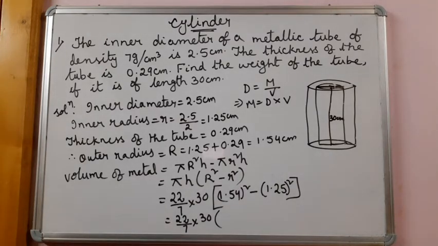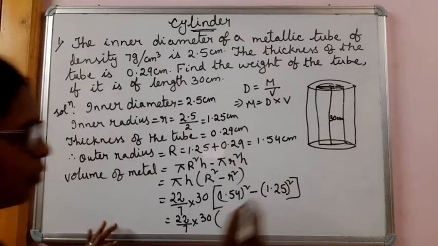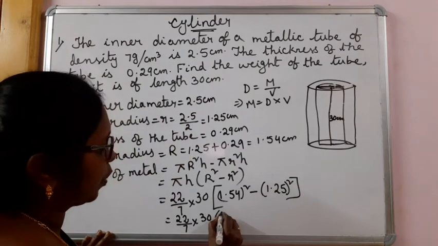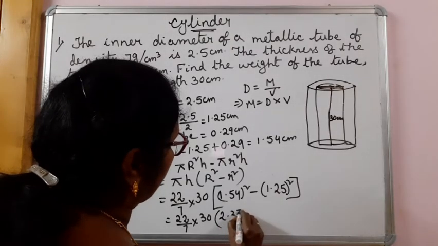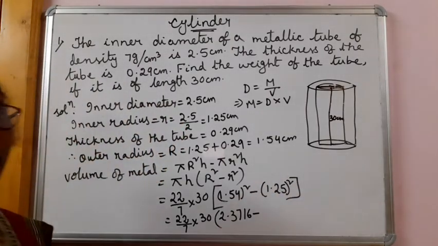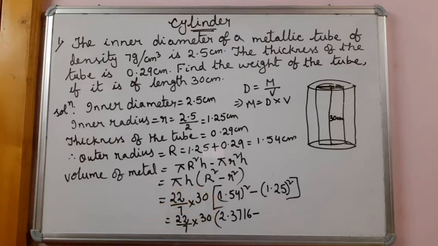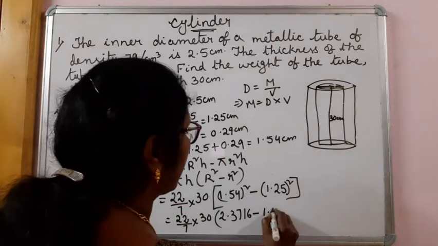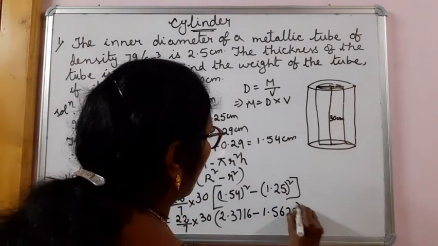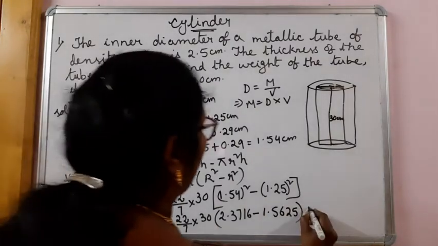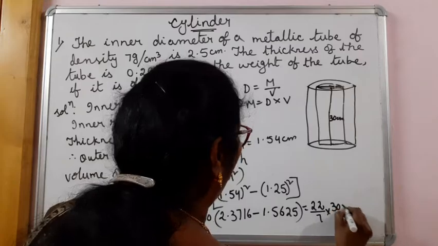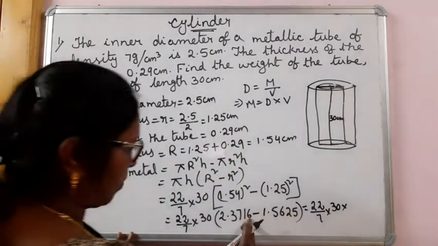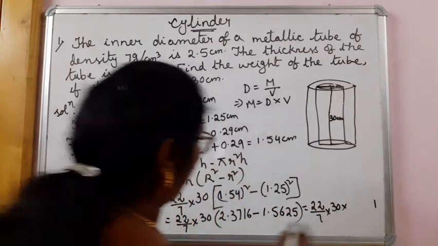1.54 square. If you multiply 1.54 into 1.54, you will get 2.3716, minus 1.25 square, which we know is 1.5625. That equals 22/7 into 30 into, let us subtract. 6 minus 5 is 1.